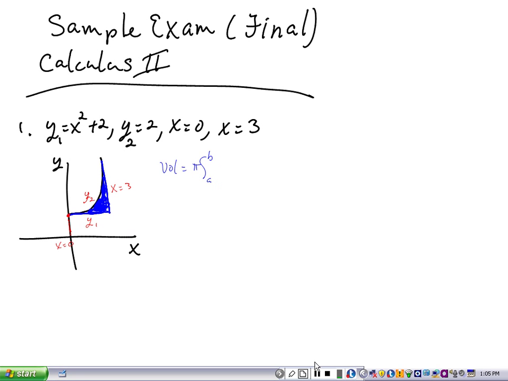We have to minus out a hole here, and this is the point, y equal to 2. So this would be capital R of x squared minus little r of x squared dx.